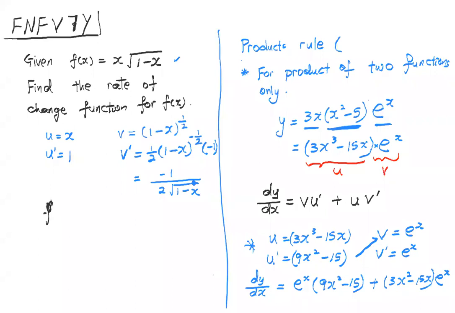So my f prime x will be equal to v u prime. That is square root of 1 minus x, I put in the bracket, times by u prime, which is 1, plus this way around, x times negative 1 over 2 square root of 1 minus x.